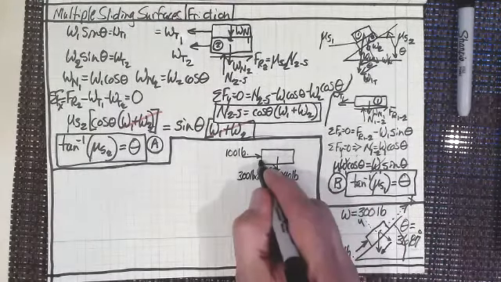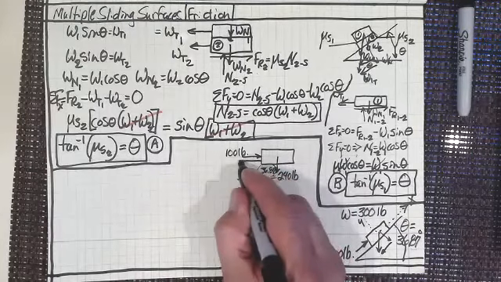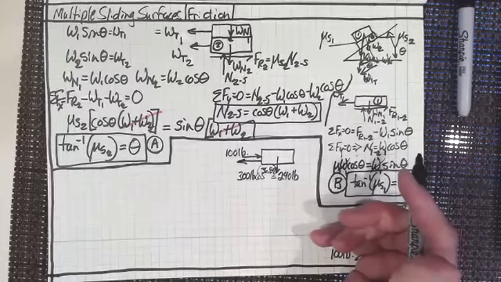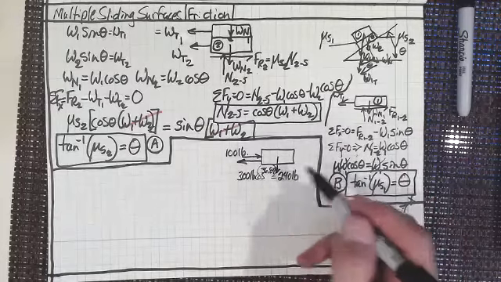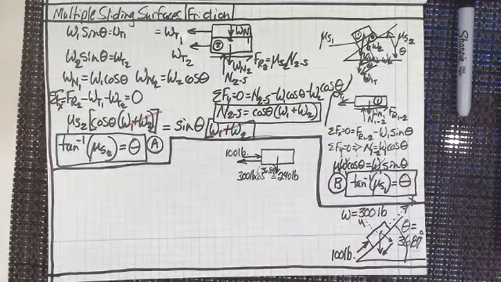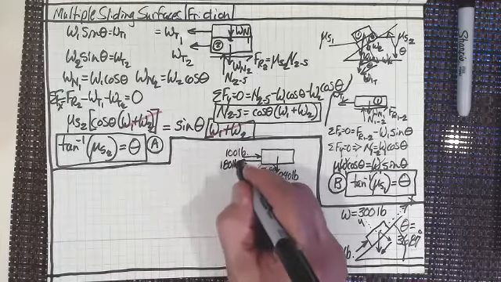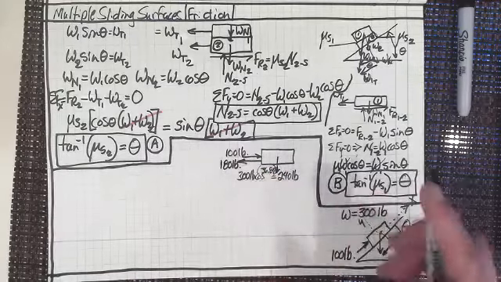Now we know that we're also going to have another component of the weight force that's working back in that direction, right? And we know that that's going to be 300 pounds times the sine of 36.87 degrees, and that's 180 pounds pushing back, right?